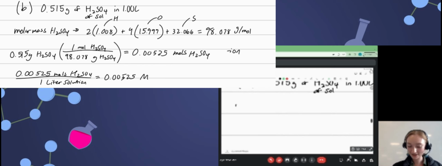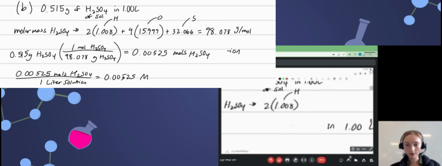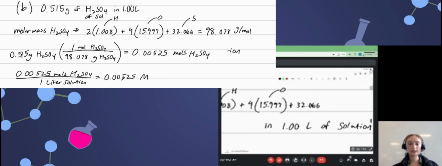So we have the molar mass of hydrogen sulfate, and so we have 2 of the 1.008, and so this is hydrogen molar mass, and then we also have 4 of the oxygen, 15.999, so that is the molar mass of oxygen, and then we have 32.066. The reason why we do this is because we have to find out how many grams we actually have of this.